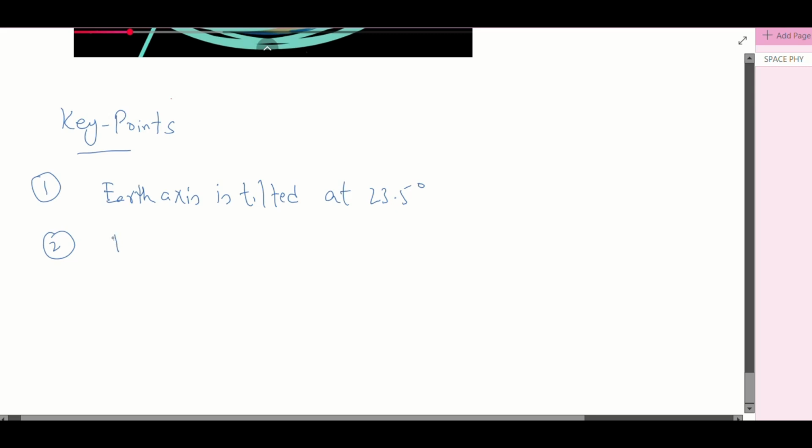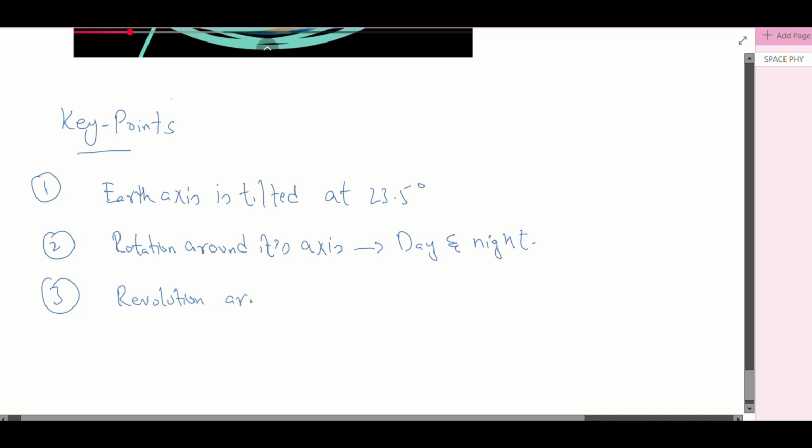Due to earth's rotation around its axis, we get day and night. Due to its revolution around the sun, we get the seasons.